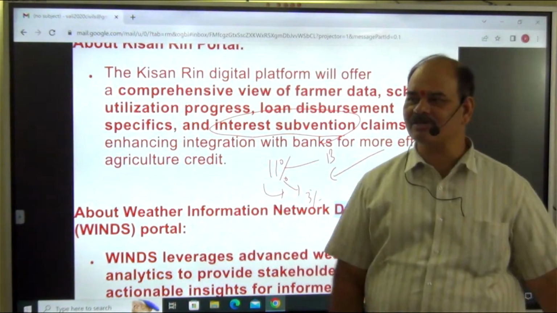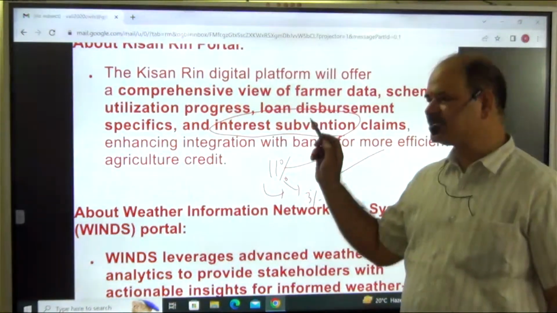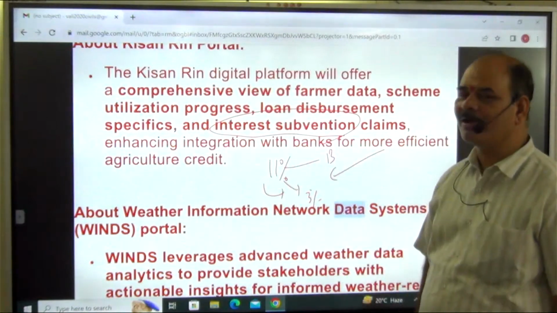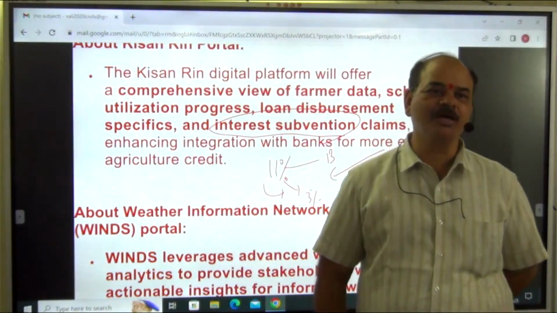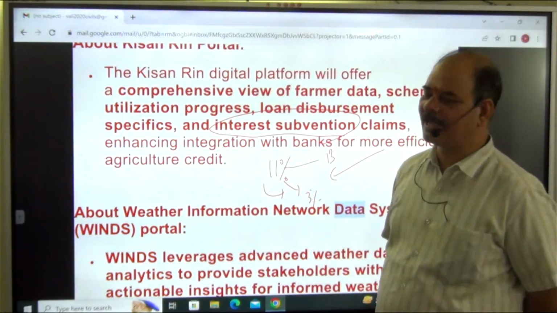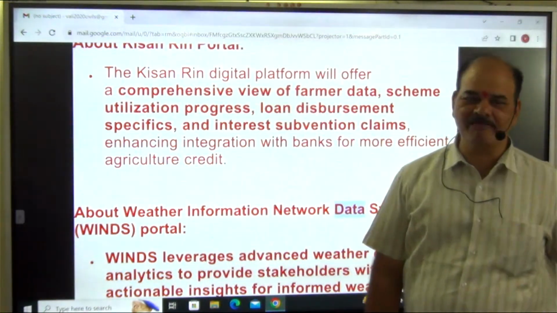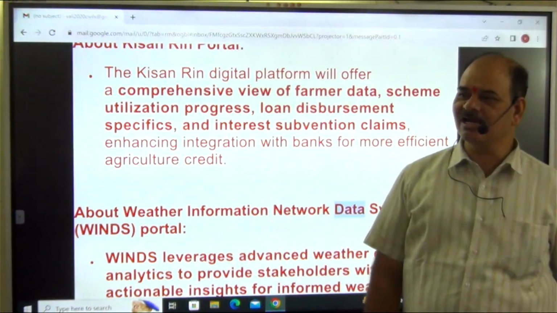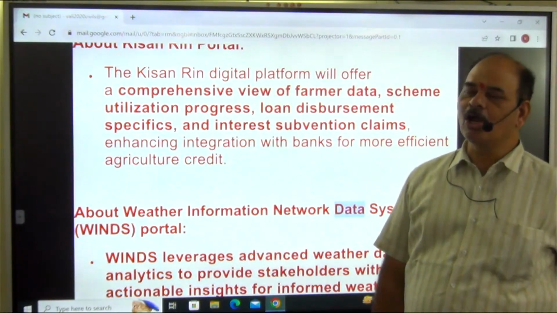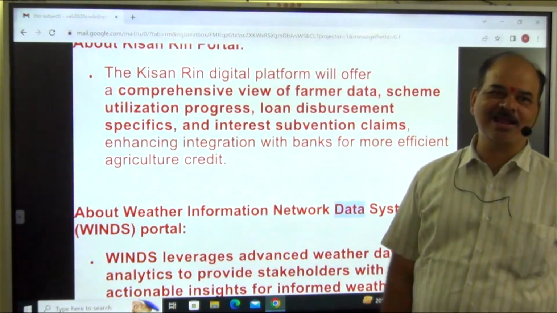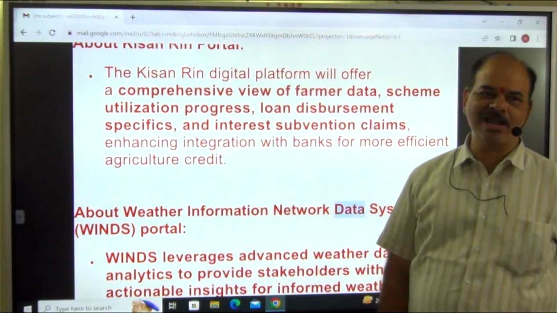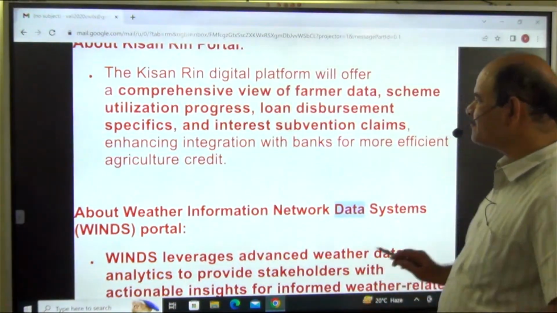That is the meaning of subvention. The remaining 7% or 8% will be borne by the farmer. Of course, nowadays even a few governments are waiving the loan also. Recently, Telangana government has waived loans up to 1 lakh rupees. Earlier 99,000, now up to 1 lakh rupees.